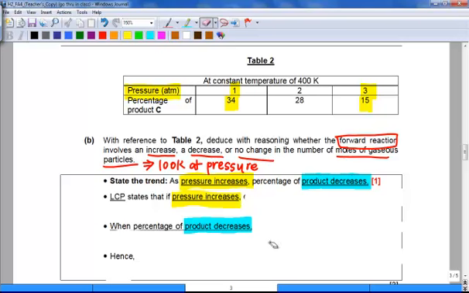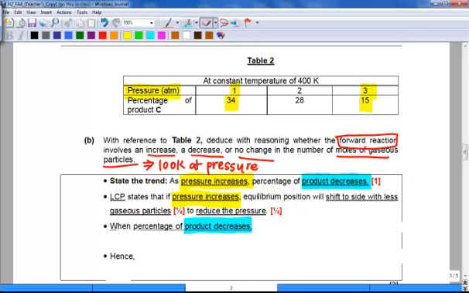Pressure increase means that it will favor the side with less gaseous particles in order to reduce the pressure. So equilibrium position will shift to the side with less gaseous particles in order to reduce the pressure. So far so good.